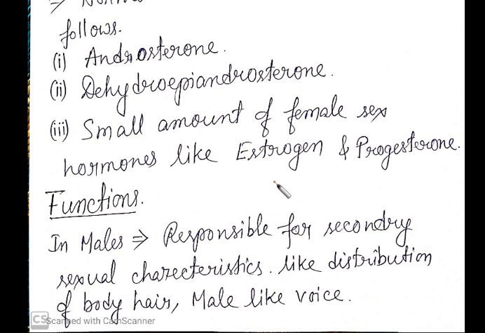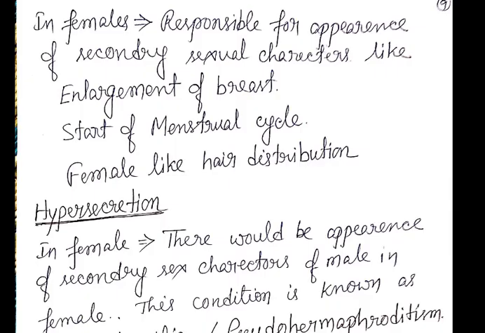What are those in case of female? Enlargement of the breast, then start of the menstrual cycle, then female-like hair distribution in the body, right? So these secondary sexual characters happen because of these hormones we have just discussed.